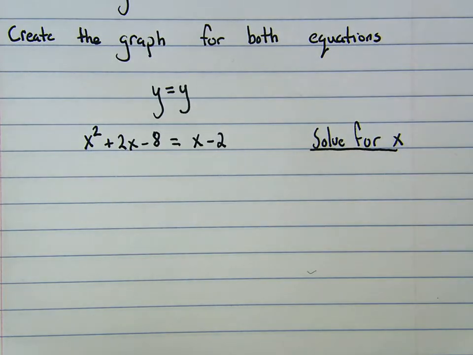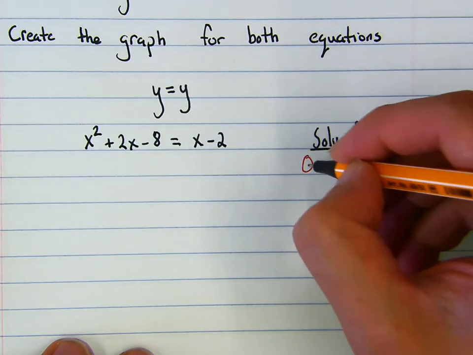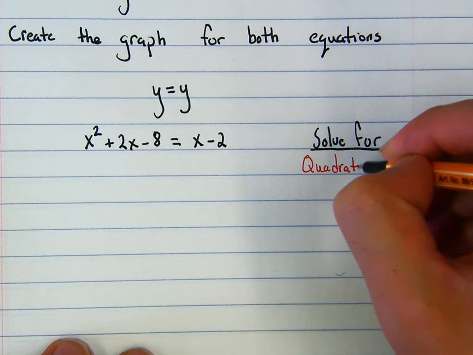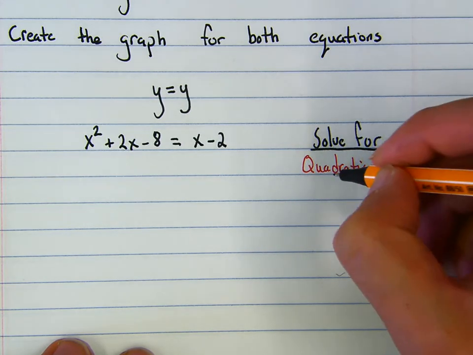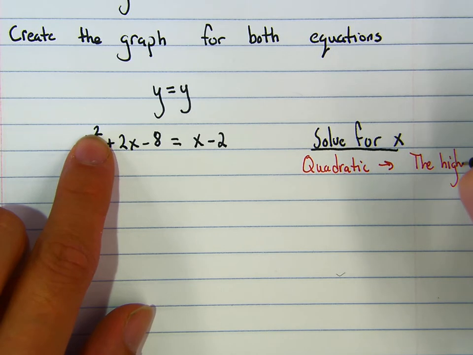So, something to know, this is what type of equation? It is quadratic. And this is from yesterday's notes. Why is it quadratic? The highest exponent is 2.